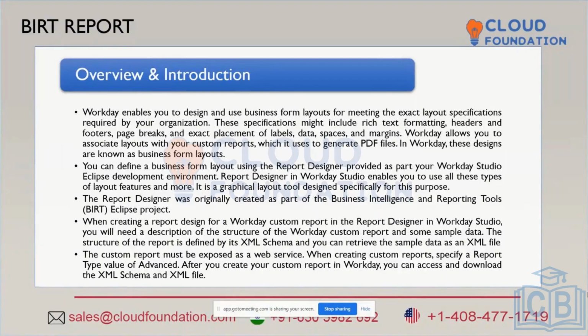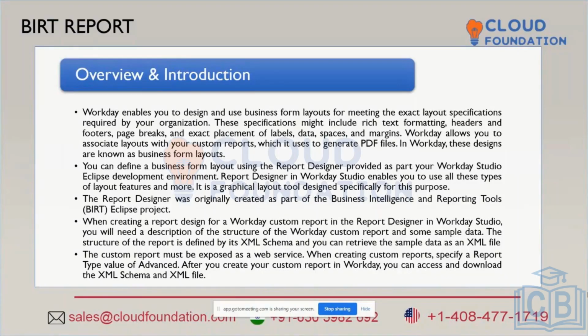This is where the most important thing is. On the Advanced tab, you are enabling the report as a web service. The main purpose of enabling it as a web service is to pull out the data from one system to another system. The web service helps us to convert that report into XML format, and we will be able to access the XML from a different system.